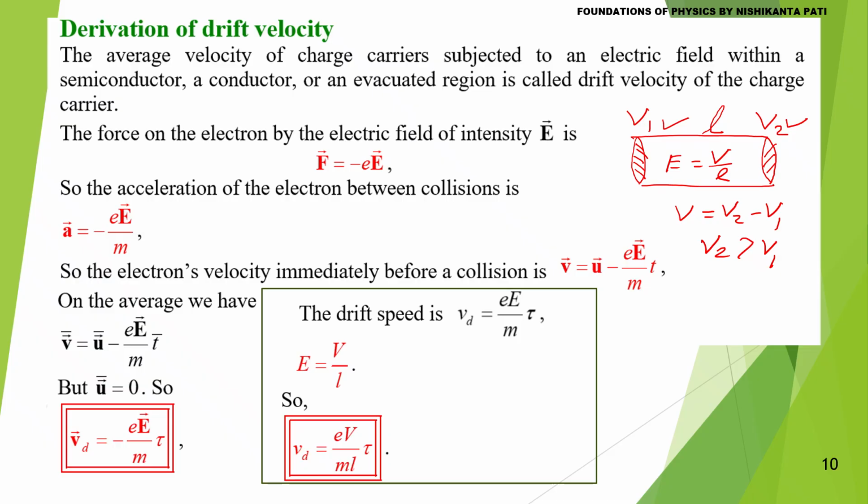So this E, if we put here, then the drift speed becomes eV tau by mL. This equation is applicable only for a cylindrical conductor, but this and this equation are applicable for any conductor.